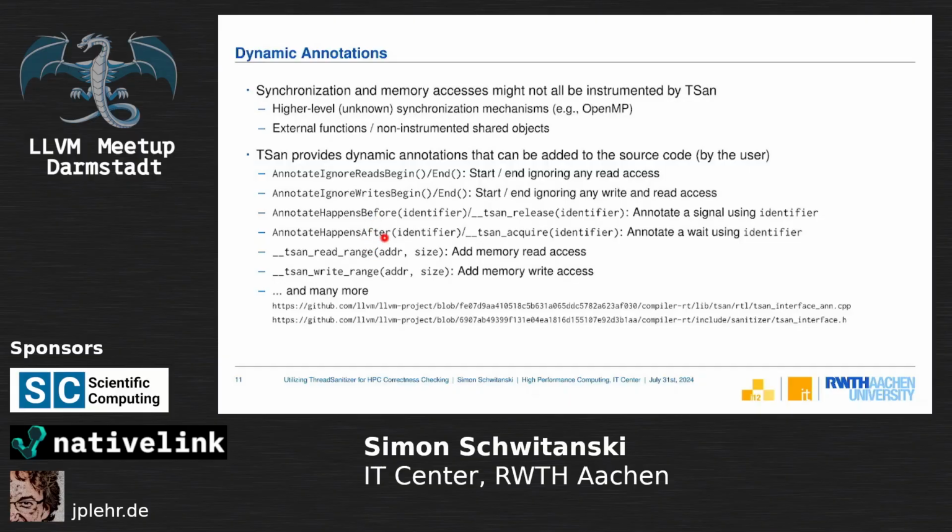We'll see later on how that works. And if you want to annotate the memory access, then you have something like annotate read range, where you can say, I want to have this address with this size and want to have a memory read access on that annotated. And there are many, many more calls or annotations that you can add. I've just put the link to those here if you want to have a look at them.